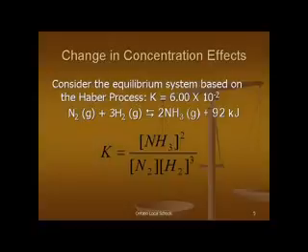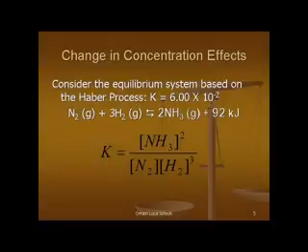So we have N2 plus 3H2 yields 2NH3. The double arrow represents this as an equilibrium system, and then plus 92 kilojoules. What that means is this is an exothermic reaction in which 92 kilojoules of heat is produced in this reaction.